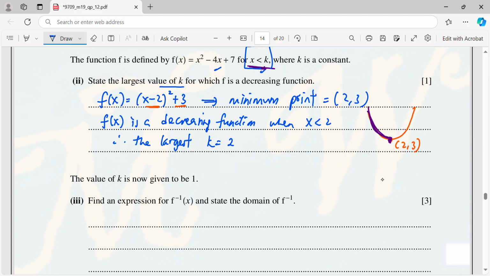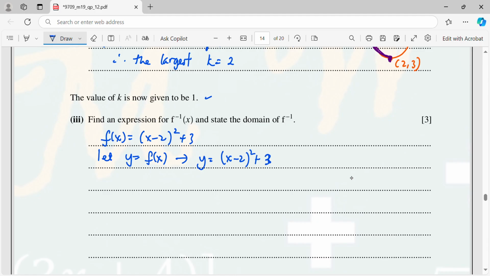Now the k is given to be 1, no longer 2. Find the expression for f inverse and state the domain of f inverse. So to get the f inverse, I need to rewrite my f(x) first in the completed square form. And I let y be f(x). Now, to get the f inverse, firstly I need to get x as the subject.